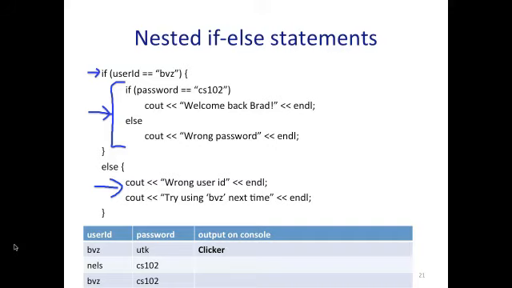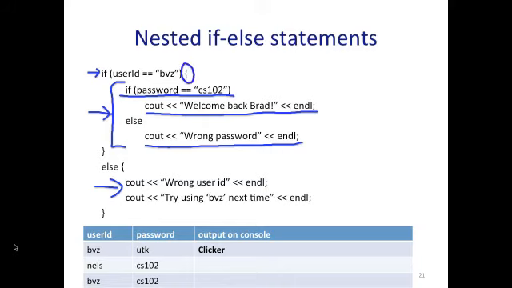So if the user ID is equal to BVZ, then I'm having a second conditional that asks if the password is equal to CS102, then I print a welcoming message, else I print a message that it was the wrong password.